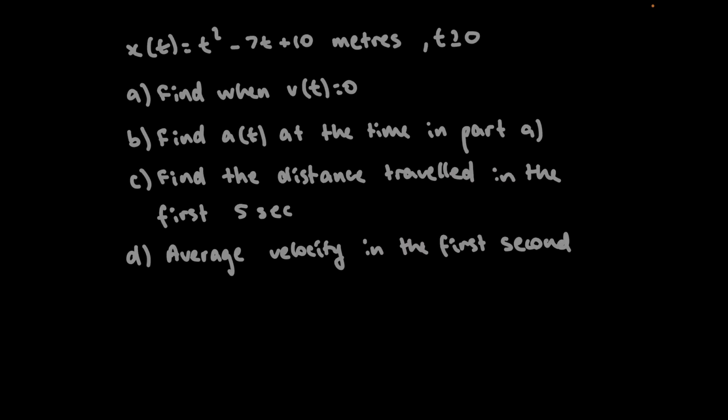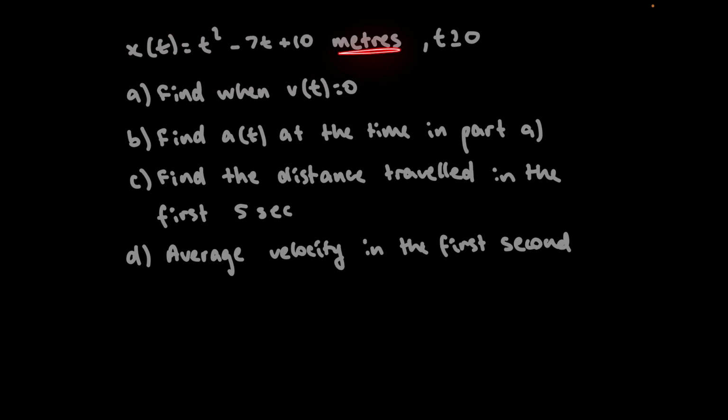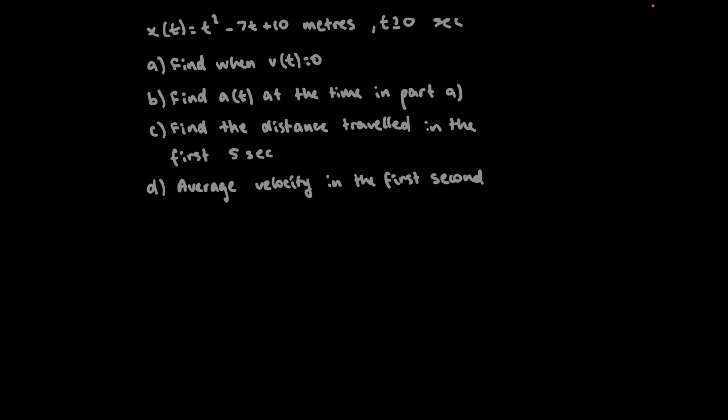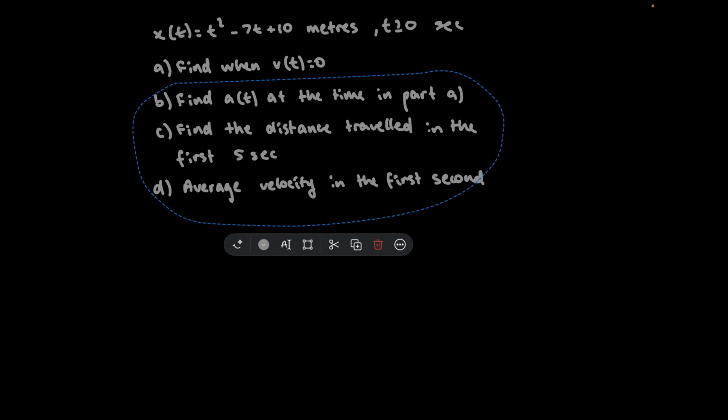Okay, this is our next question here. We have been told that the position of a body is given by this equation here, and I've given the units as meters, and time is going to be in seconds. Now that we have this, work out when the velocity of the function is going to equal 0. So first, let us simply find the derivative of our displacement.